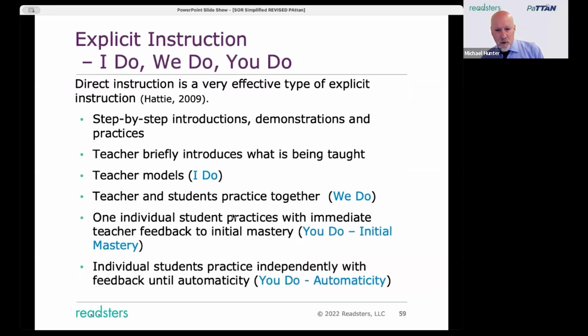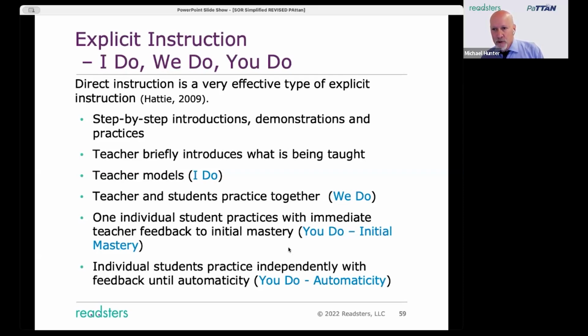I just want to propose one thing you might not have thought about, and this ties again to our mastery and automaticity, is that when students are in the mastery phase, which is the early phase of developing automaticity, this is the phase at which they're accurate, but they may be slow and have to think about what they're doing. And that's the phase in which the you-dos need guided feedback.